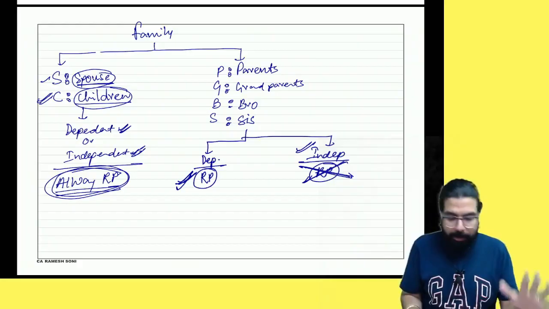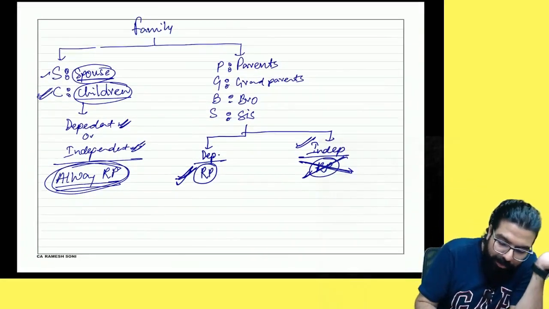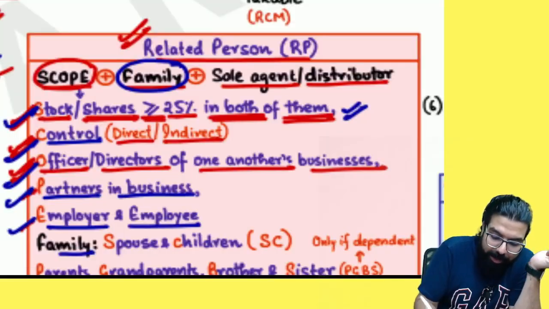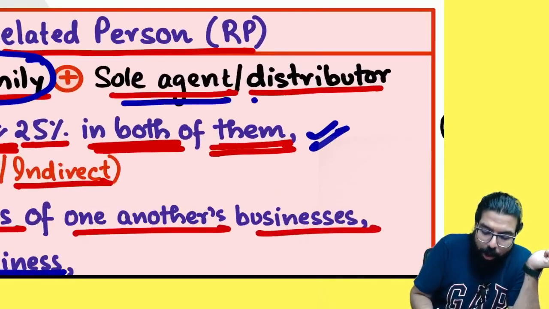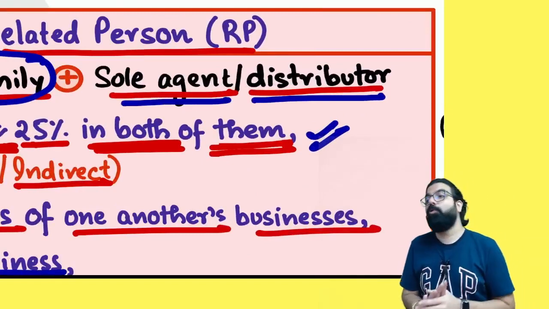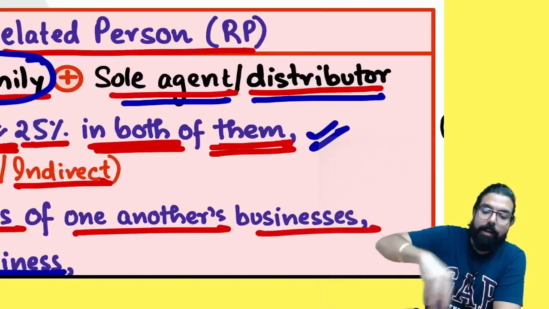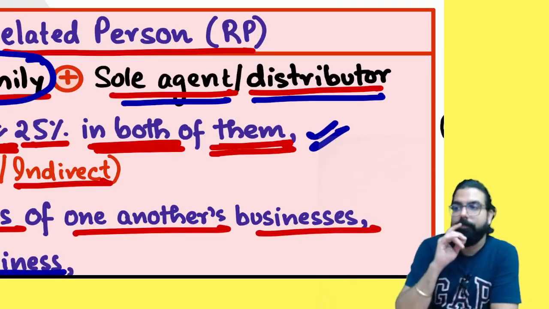So, what did I tell you? First of all scope, then family, and the last one over here is sole agent or sole distributor. What do you mean by sole? One in every state or one across India?